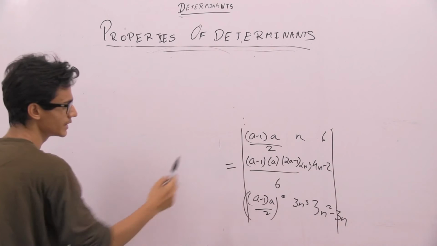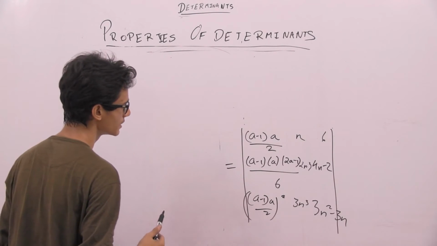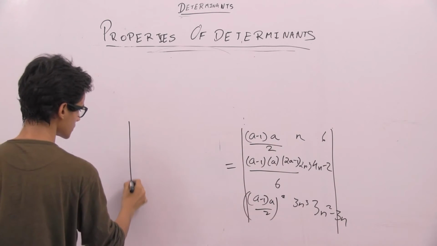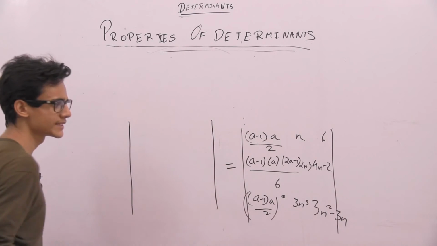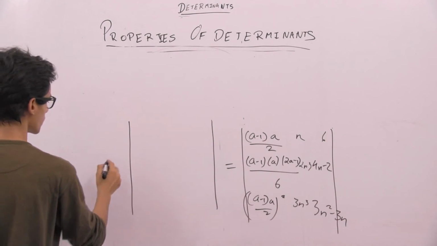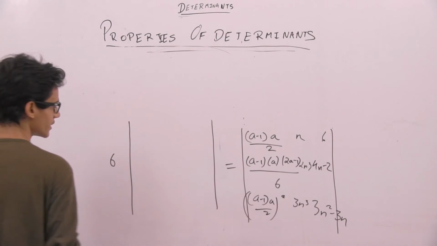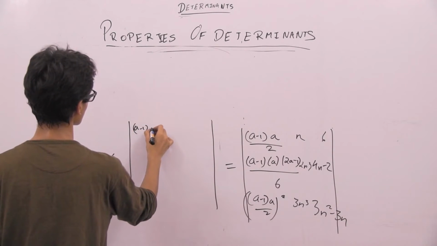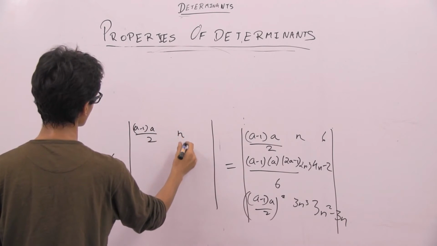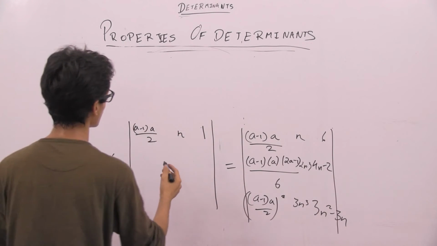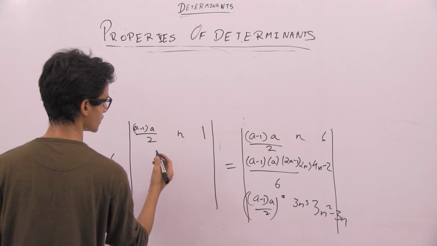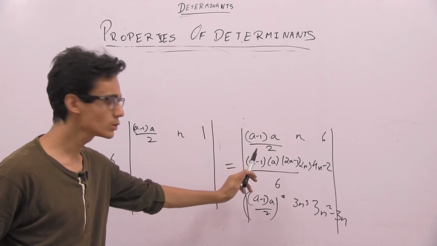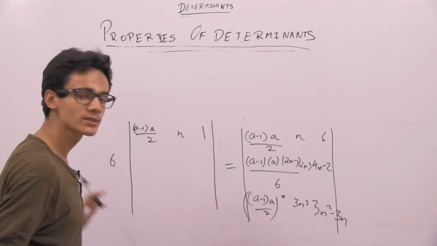so in this determinant, first let's say we divide this column by 6. So what do we get? We take 6 common from the third column. Taking 6 out, we get a minus 1 a by 2 n 1. Sorry, while finding out the summation, we needed to replace a by n here as it was in the formulas.